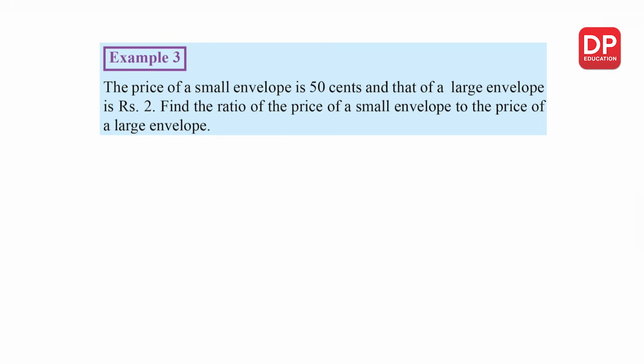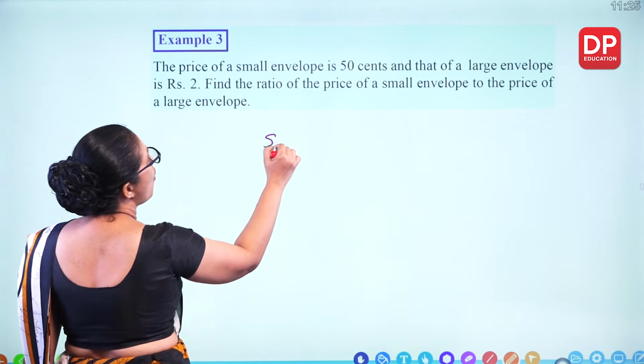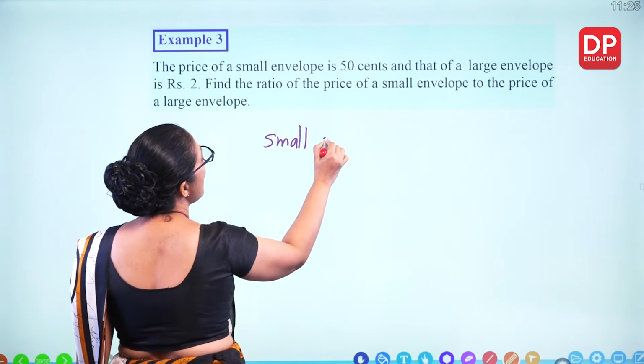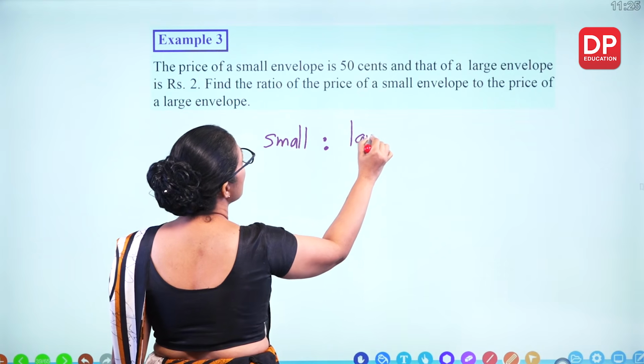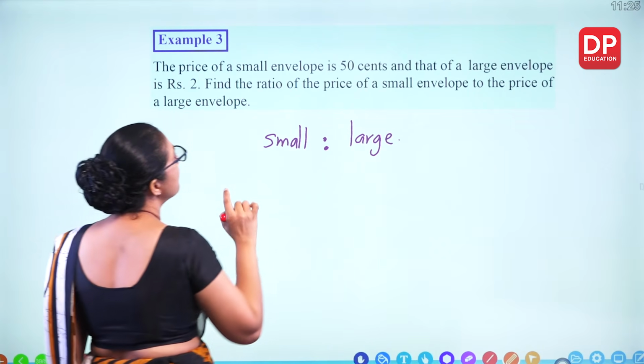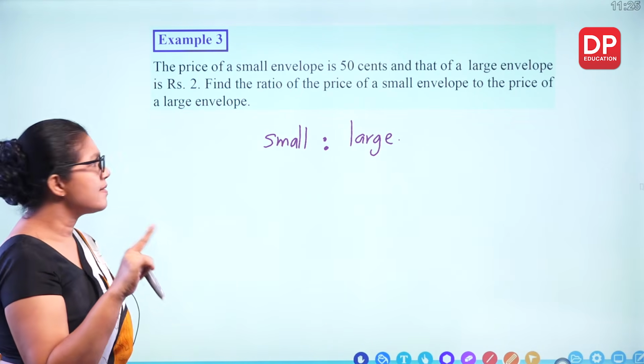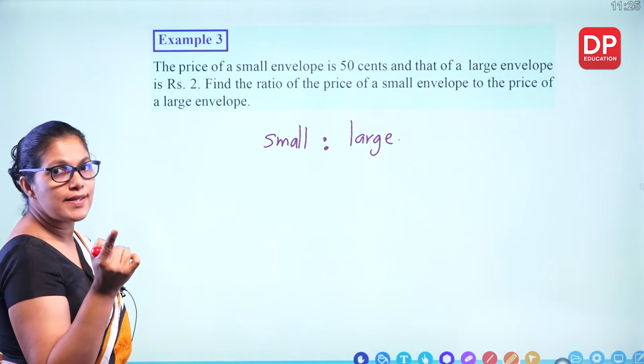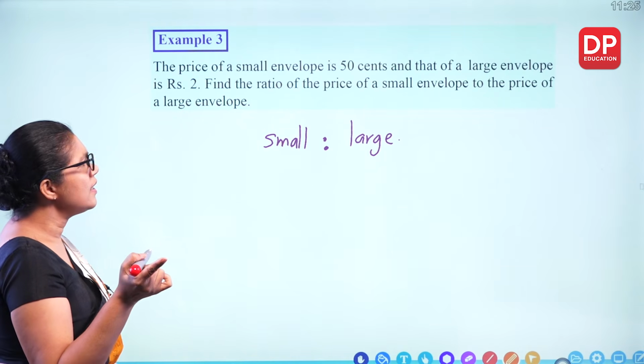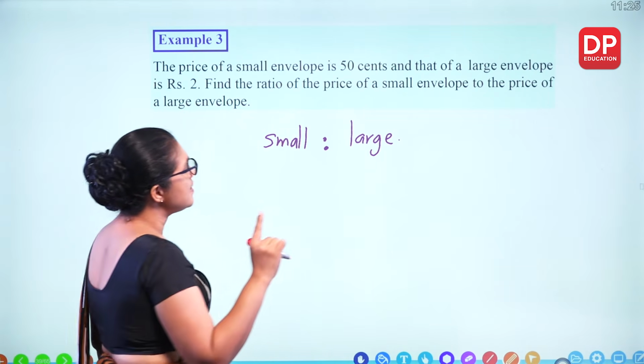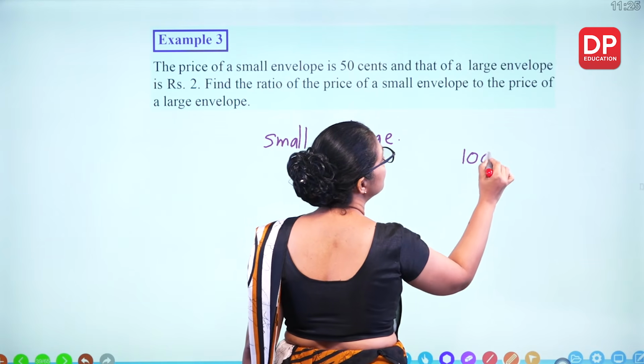The price of a small envelope is 50 cents and that of a large envelope is 2 rupees. Find the ratio of the price of a small envelope to the price of a large envelope. Small to large. Now there's a problem. One is in cents and the other one in rupees. What's the conversion? 100 cents is 1 rupee.